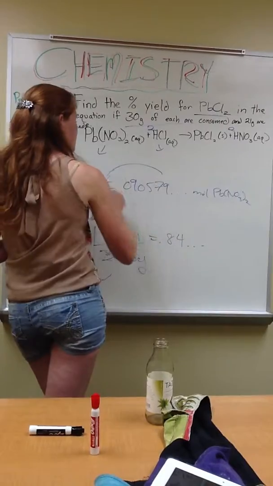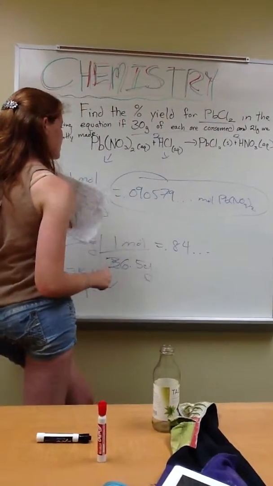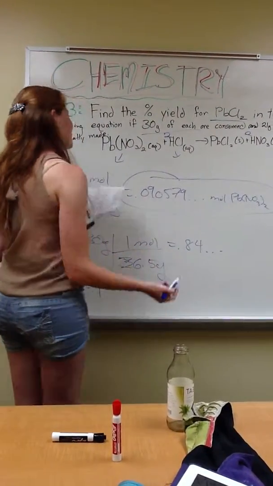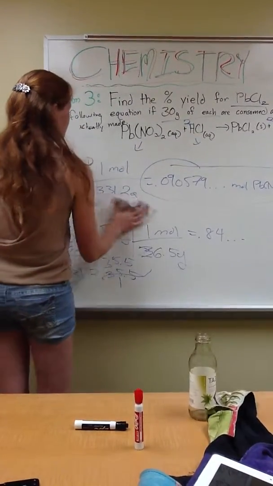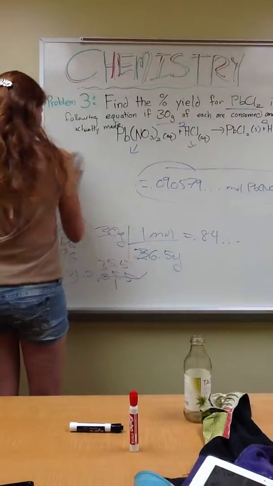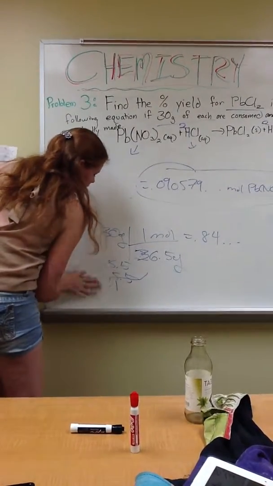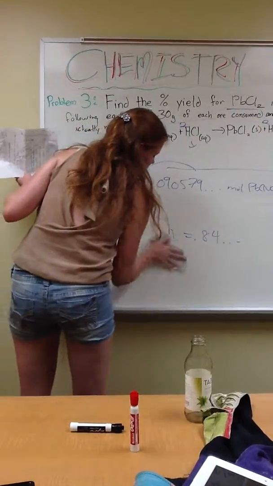So this is going to be our limiting reactant here because it does not produce nearly as many moles as the second one. So now that we know the limiting reactant, we're going to use that to find what our theoretical yield is for percent yield.